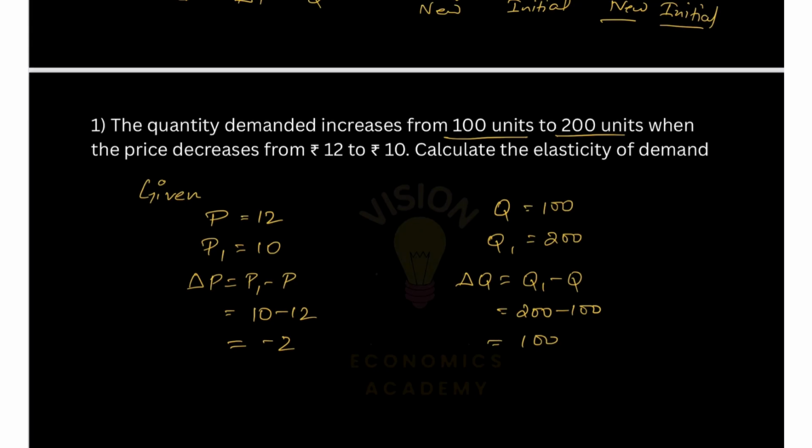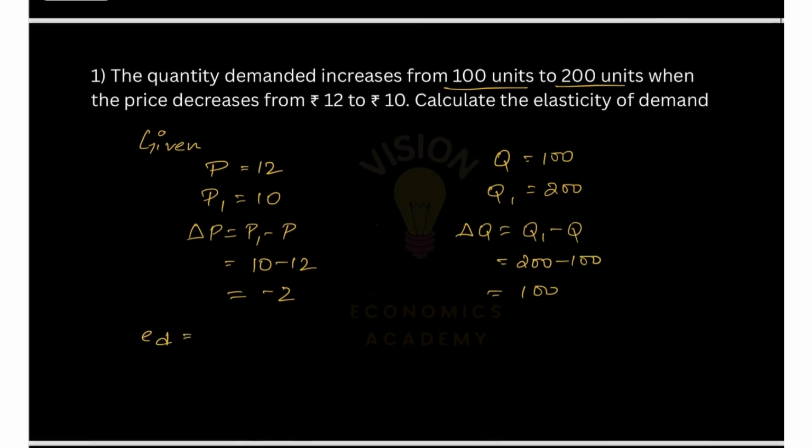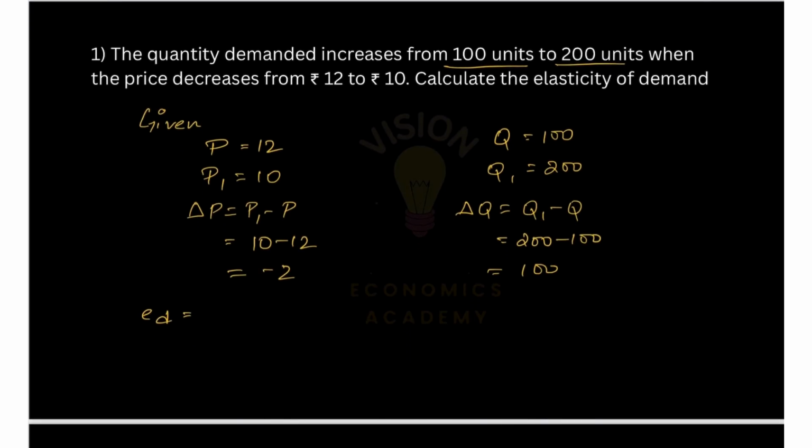Now since we have all the values, we can directly take out the elasticity of demand. Elasticity of demand is change in Q by change in P into P by Q. Now the change in quantity is 100, the change in price is minus 2, multiplied by the initial price 12 by the initial quantity 100, right?